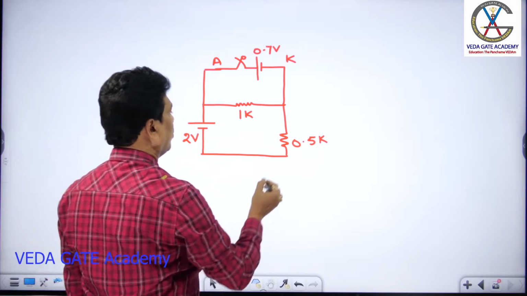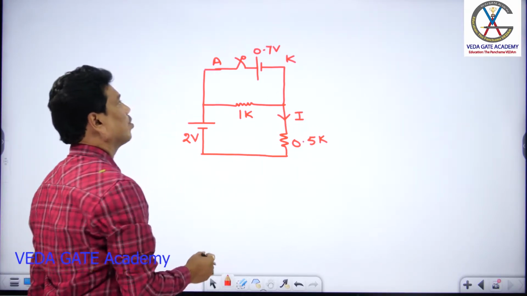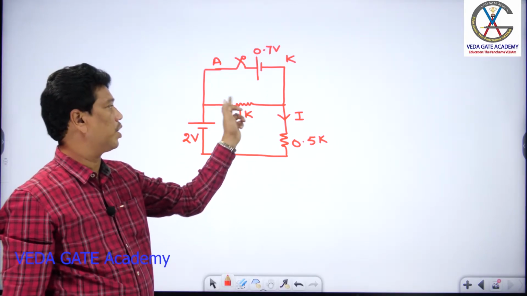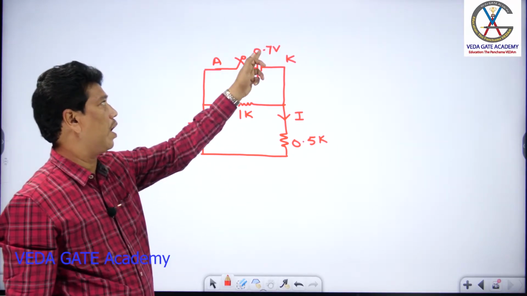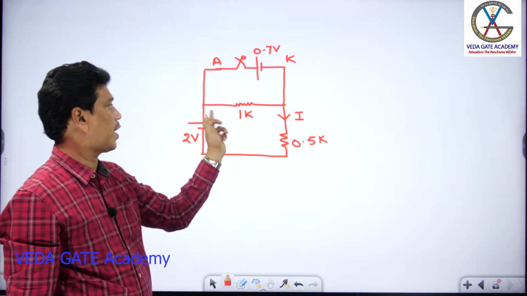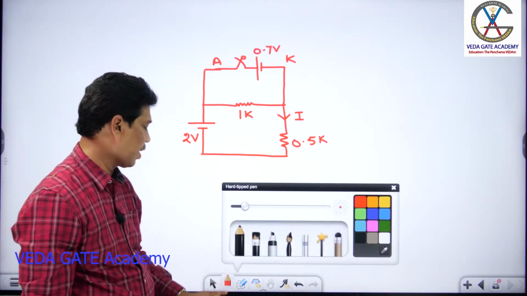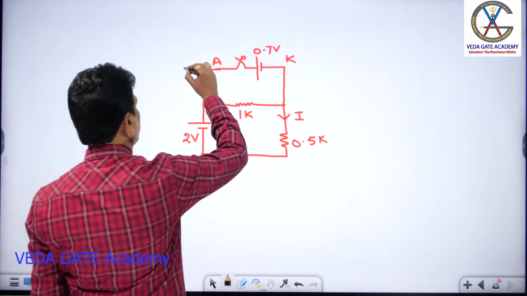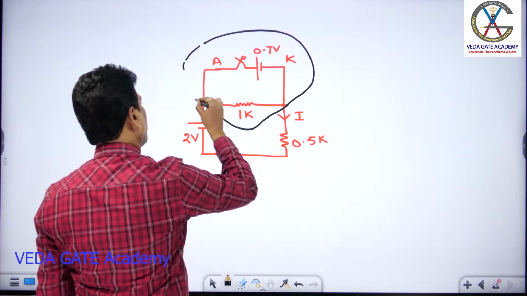Right. So here they are asking for that current I. You observe now, originally when the diode was open, the voltage was 1.33. But once the diode is on, the maximum voltage across this parallel circuit is just 0.7 volt, not 1.33 volt. The maximum voltage across that parallel circuit is a common voltage, only 0.7 volt.